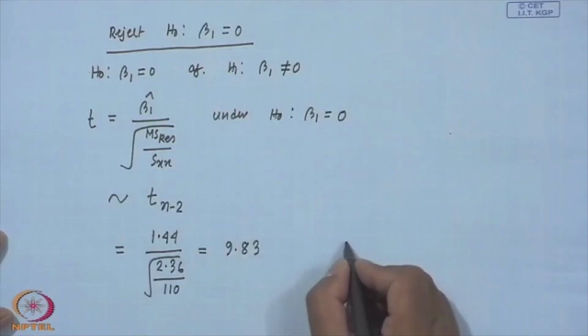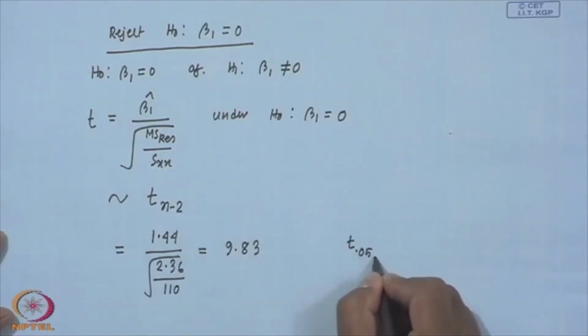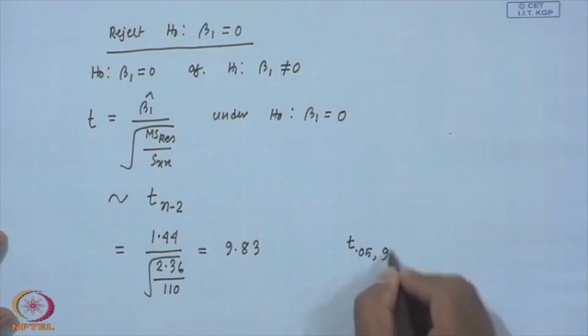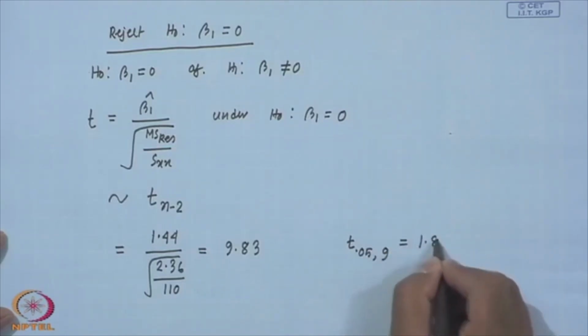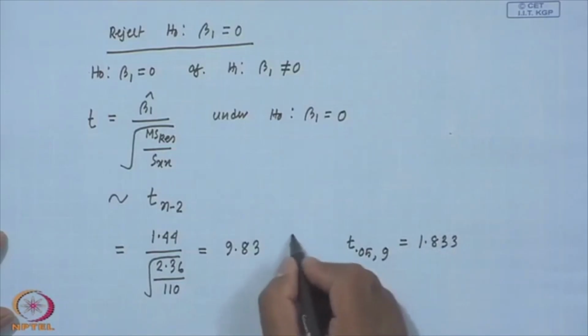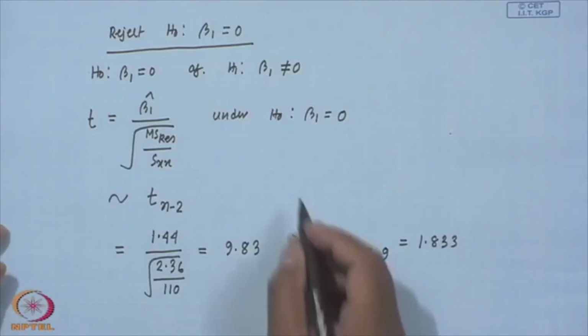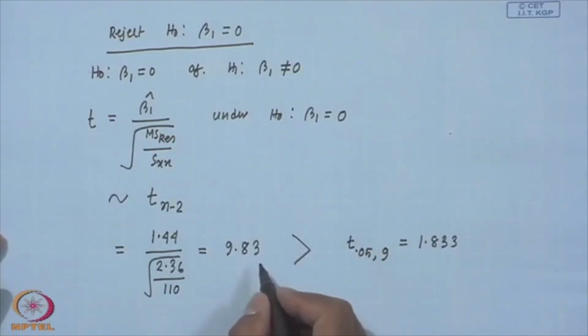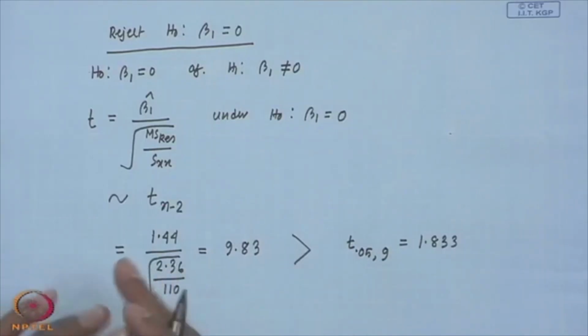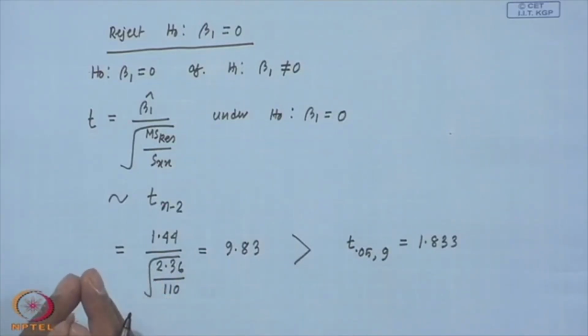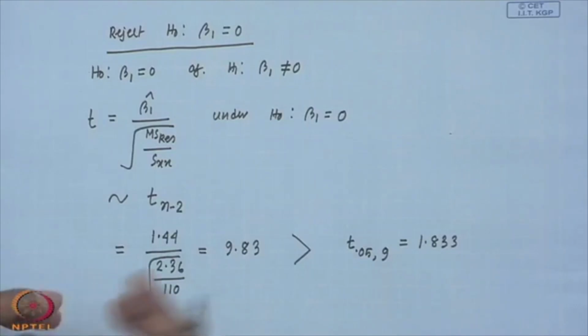And now, you look at the tabulated value of t, that is t 0.05 with degree of freedom 9, that is equal to 1.833. So, again of course, you will get the same result whether you use the F statistic for testing the hypothesis or the t statistic.